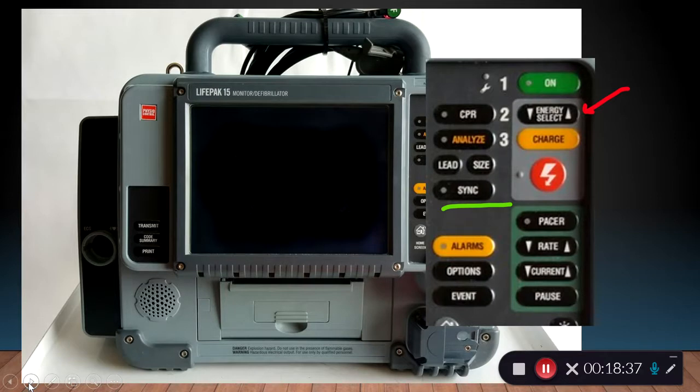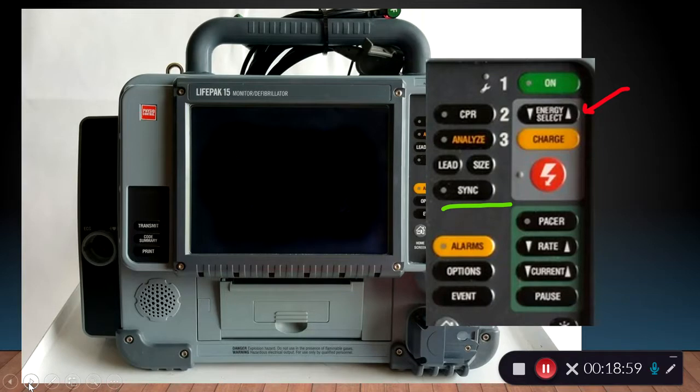Now I can charge up, tell my patient, sir, hang on, this is going to hurt quite a bit, but it'll be over quick. And hit the charge button. Hit the shock button. Okay, again, you're going to clear it like you would if you were defibrillating a patient. Nobody's touching him. It's going to hurt like a son of a gun for your patient.